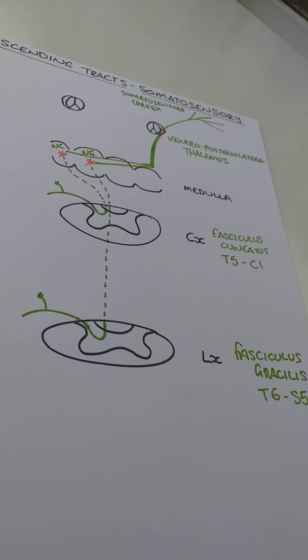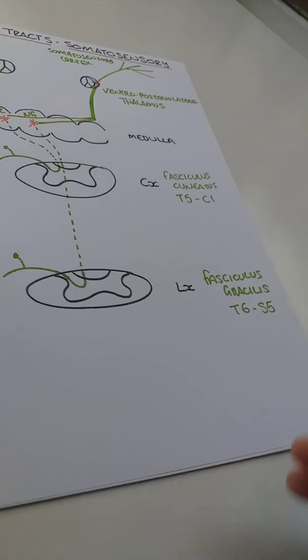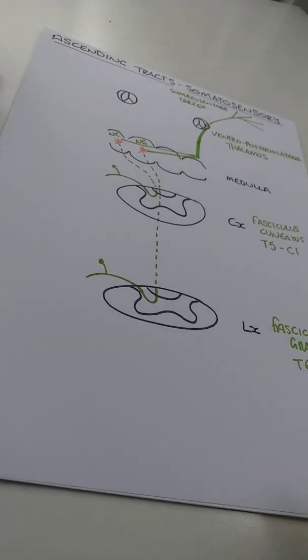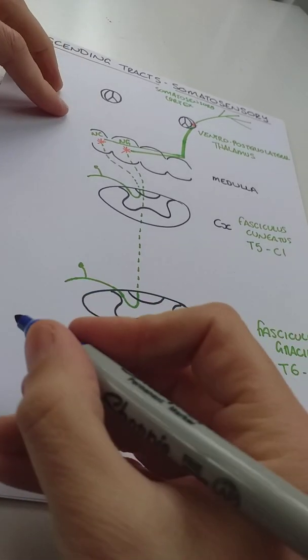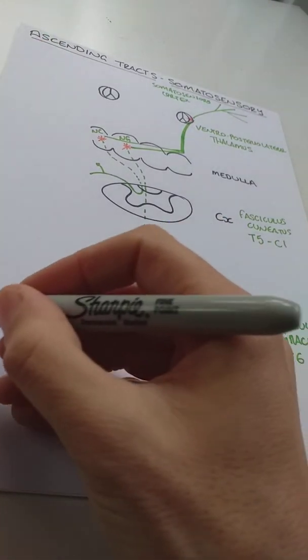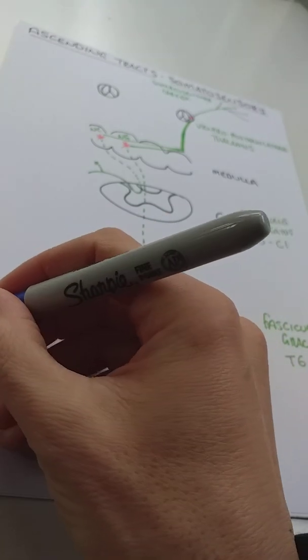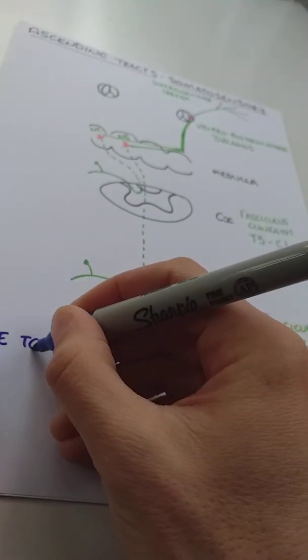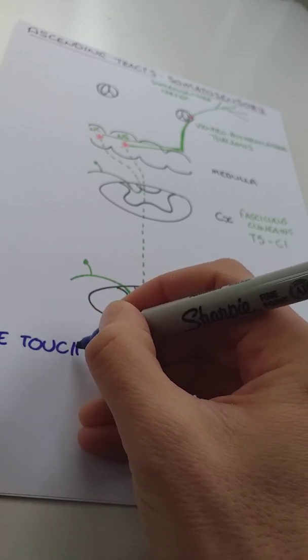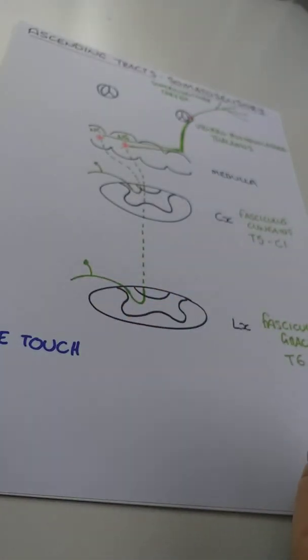Okay, so, dorsal column medial lemniscus pathway. What is the dorsal tract responsible for? So, it is responsible for fine touch, what else?